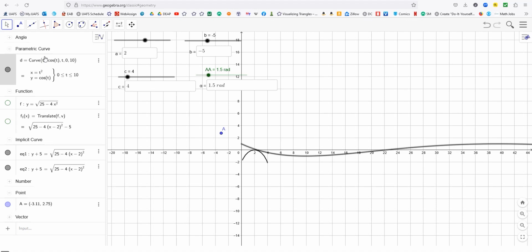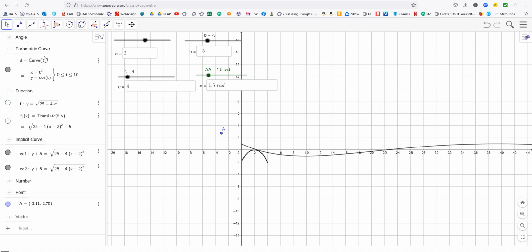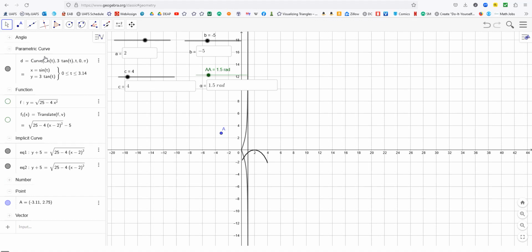Let's let x be sine of t, and y be 3 tangent of t, and let t run from 0 to pi. Okay, so we have that. Let's just get rid of that.